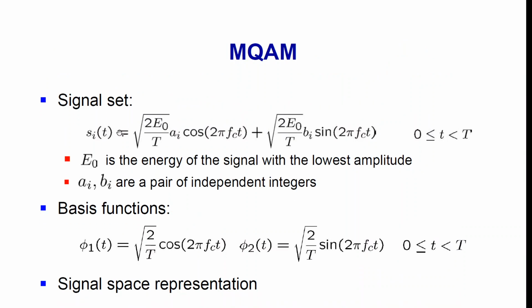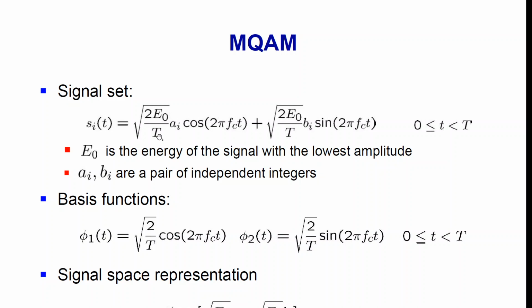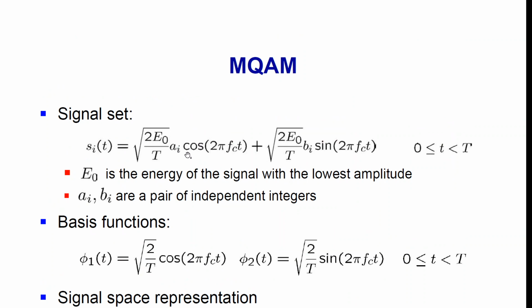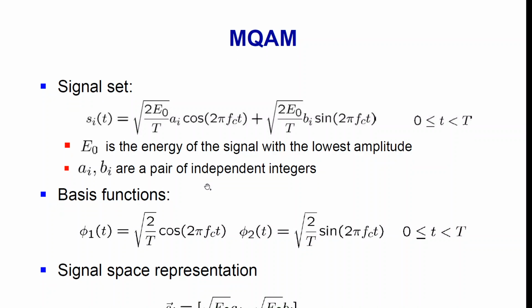So this is the equation: root of 2 E0 by T AI cos 2 pi FCT plus root of 2 E0 by T BI sin 2 pi FCT. Phi 1 of t is root of 2 by T cos 2 pi FCT, and phi 2 of t is root of 2 by T sin 2 pi FCT. So you can see that the amplitude is also changed here, not only the phase.